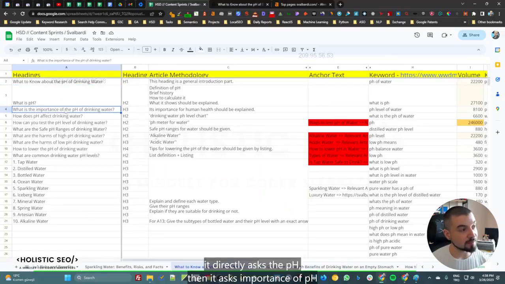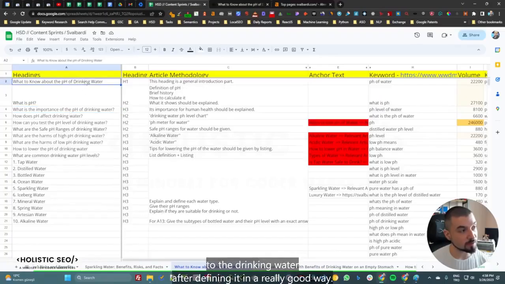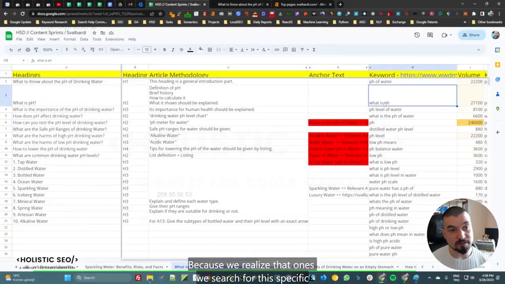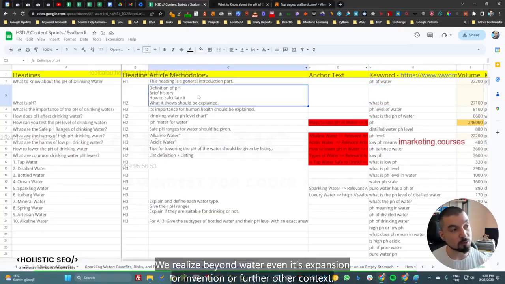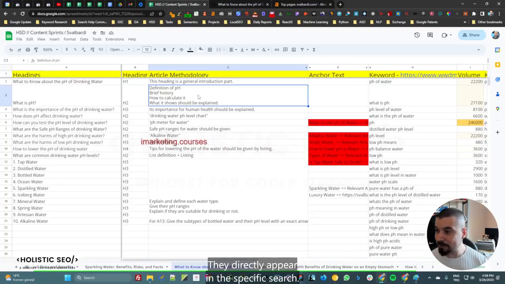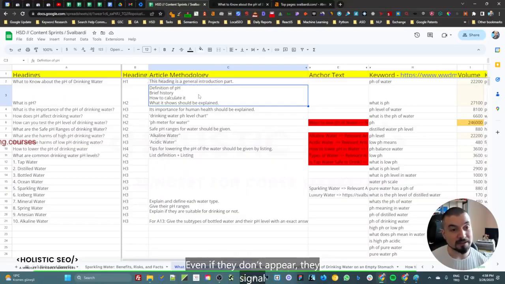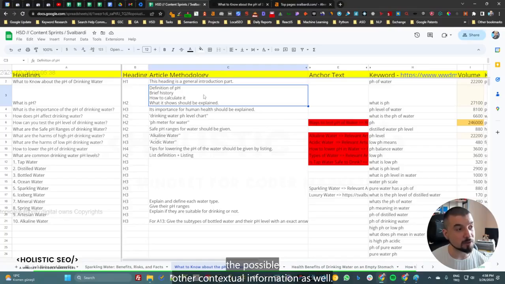Then it asks about the importance of pH for drinking water, which means we are connecting pH to drinking water after defining it in a really good way. Because once we search for this specific contextual vector, we realize that beyond water, expansion, invention, or other contexts directly appear in the specific SERP. Even if they don't appear, they signal possible other contextual information as well.